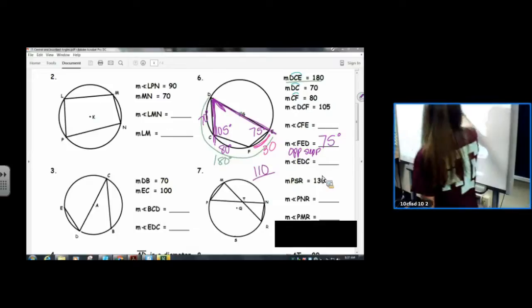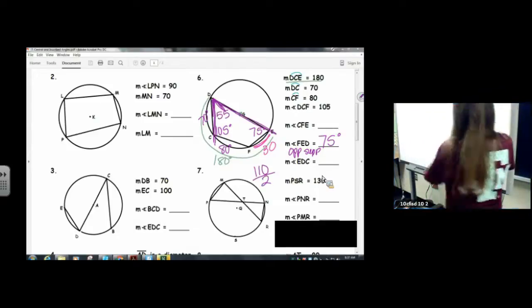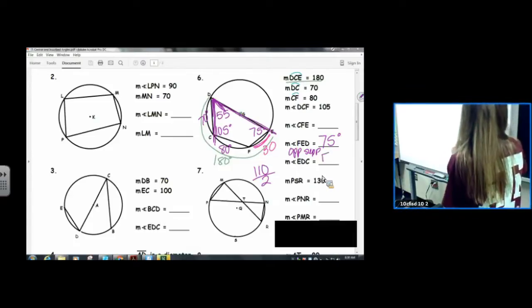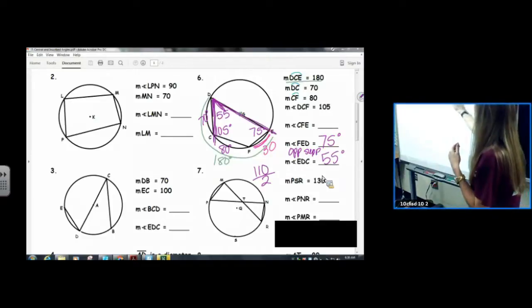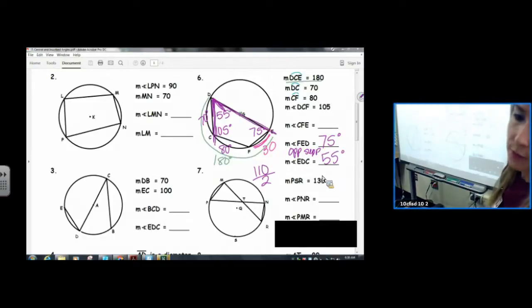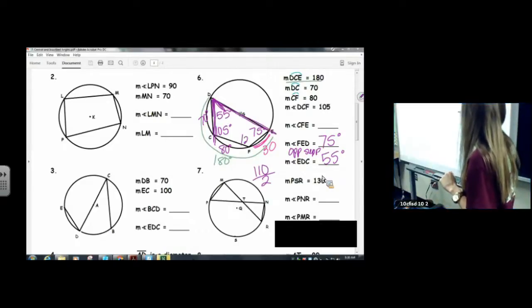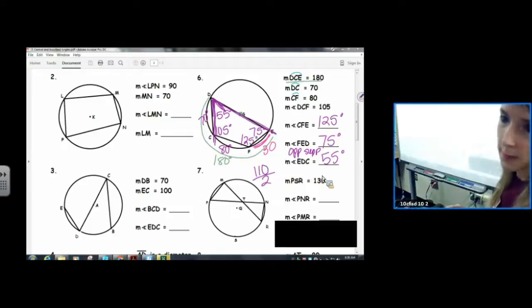Is everyone okay with this? I follow it with my fingers. I see how long the intercepted arc is, and I divide by 2. And then, of course, to get this one, all I need is the supplement of 55, which is 125. So we were using that same theorem multiple times in this problem.